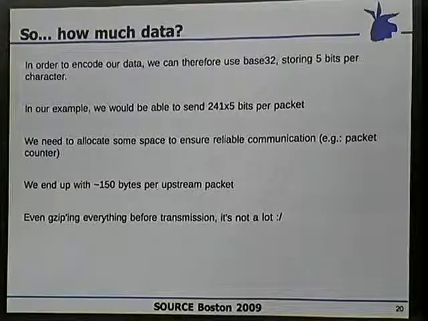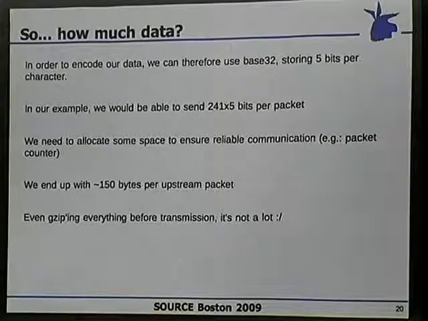The problem with encoding is that we end up with less usable payload data. We widen it, we spread it basically. We go from 8-bit byte characters to 5-bit characters in base 32. Which ends up, in the example before, with 241 times 5 bits that we can transport in each packet. That's roughly about 150 bytes, more or less.